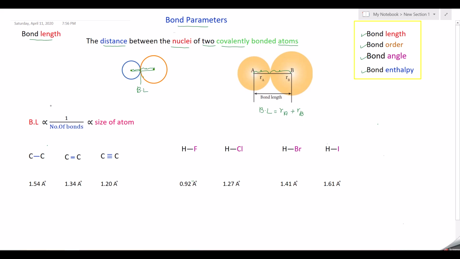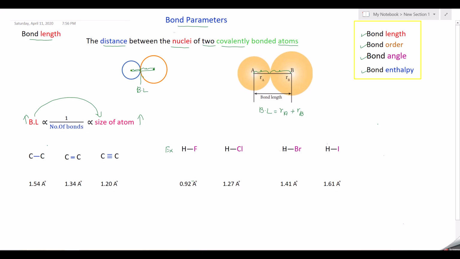Now this bond length is directly proportional to the size of the atom. As the size of the atom increases, bond length also increases. For example, you take hydrogen fluoride, hydrogen chloride, hydrogen bromide, hydrogen iodide.